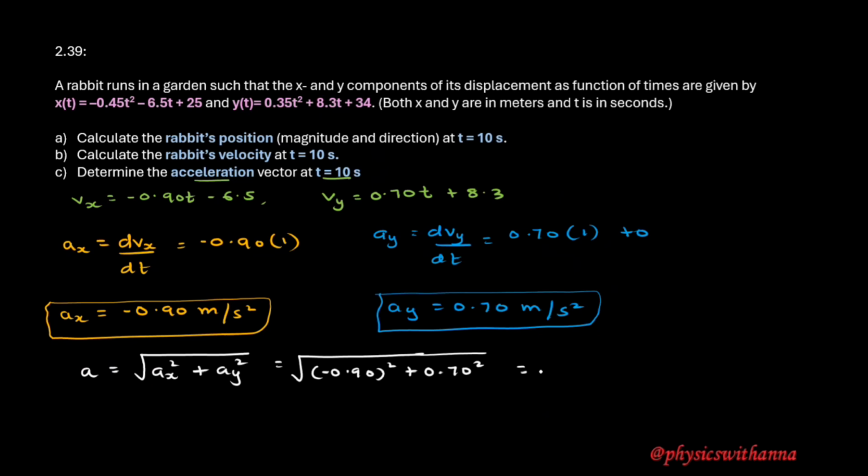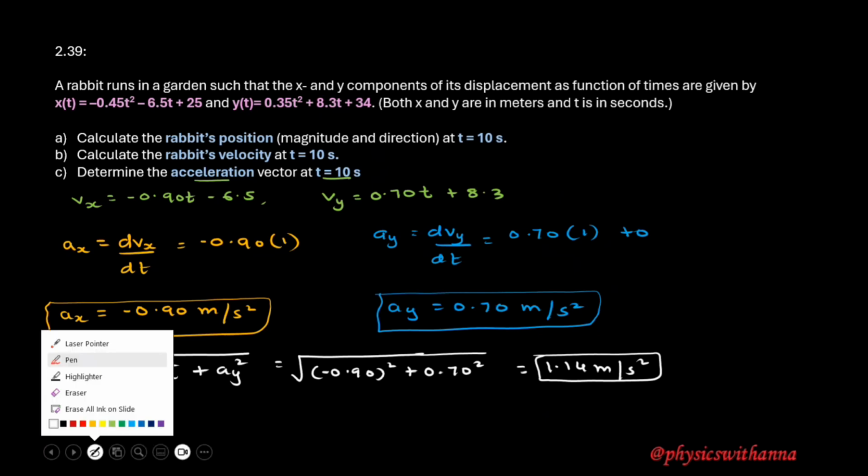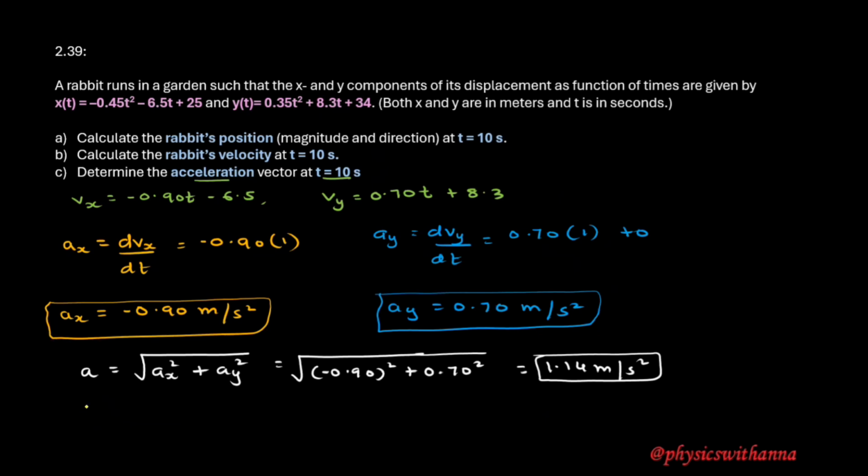After you solve this, you get the total acceleration to be equal to 1.14 meters per second squared. Then we find its direction. So direction we find by using angle theta equals tan inverse ay over ax, which is tan inverse 0.70 over negative 0.90. That gives you the angle as negative 37.87 degrees.